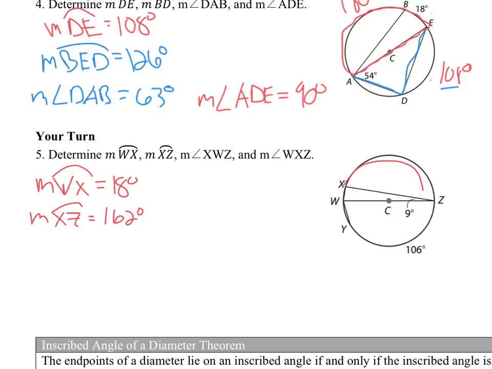And the measure of the corresponding angle, measure of angle XWZ, is the inscribed of XZ, so that's going to be 81 degrees. And then our last measure of angle WXZ is equal to 90 degrees.